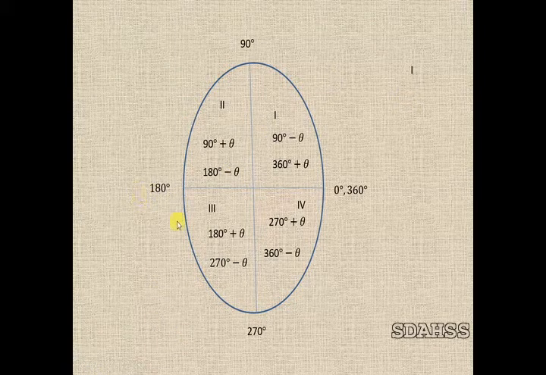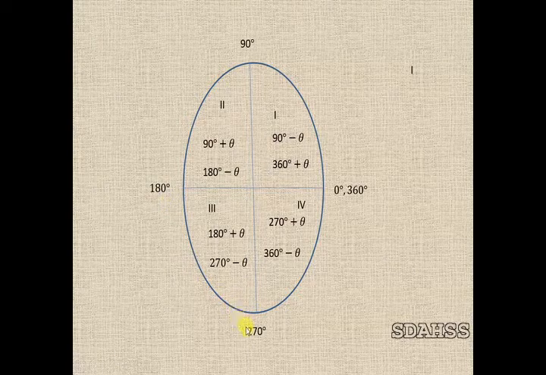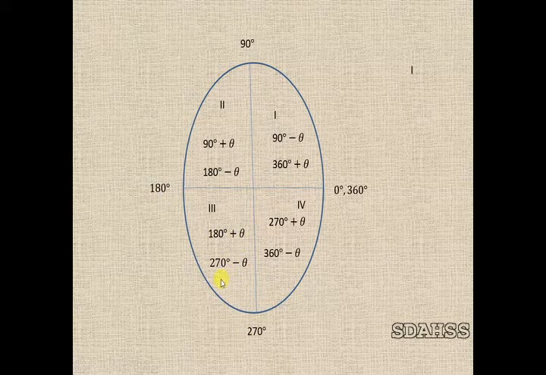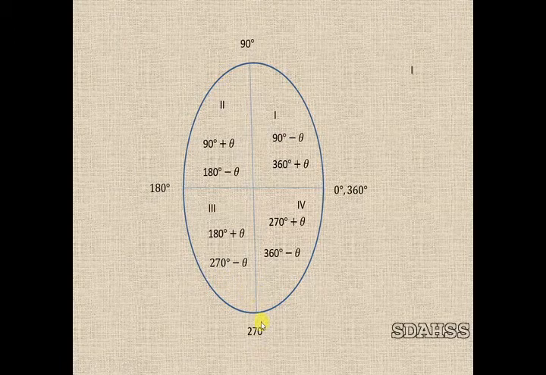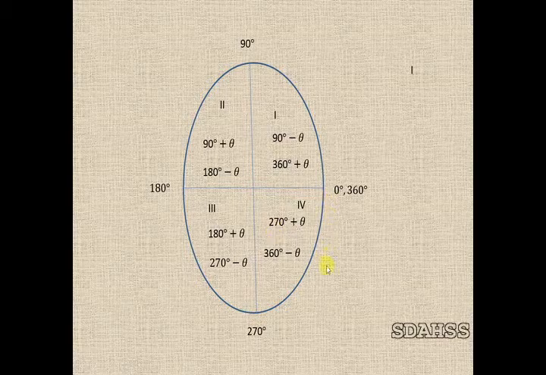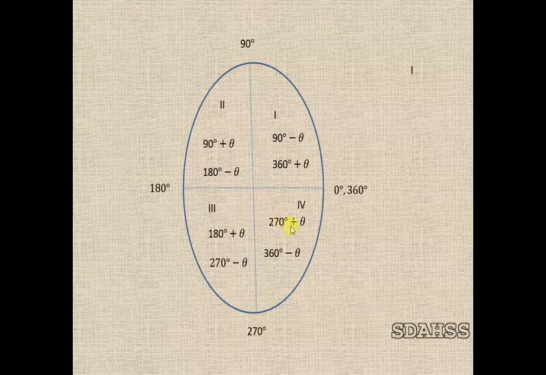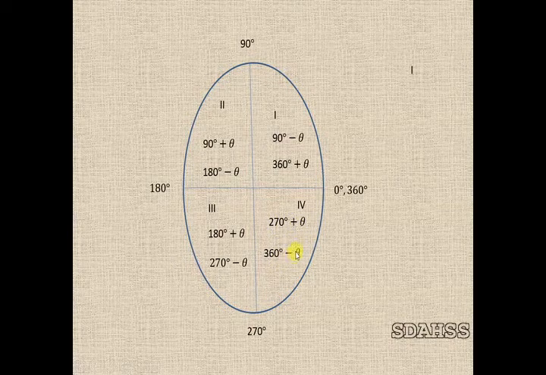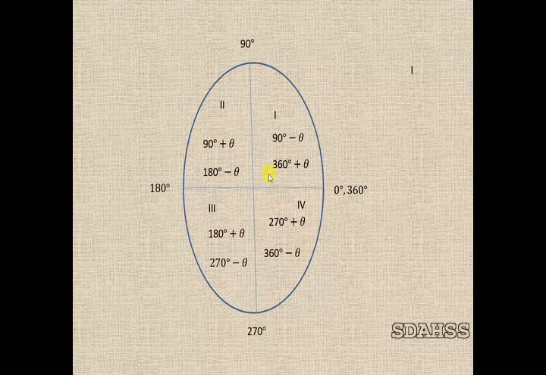The third quadrant lies between 180 and 270, that is 180 plus theta or 270 minus theta. The fourth quadrant lies between 270 and 360, that is 270 plus theta or 360 minus theta, we can write.